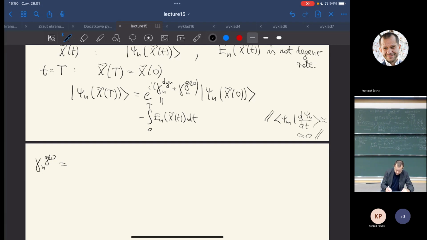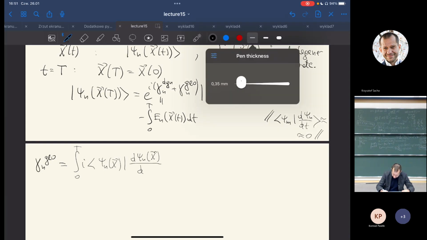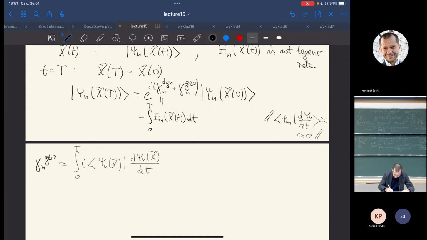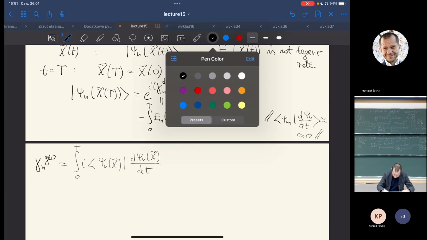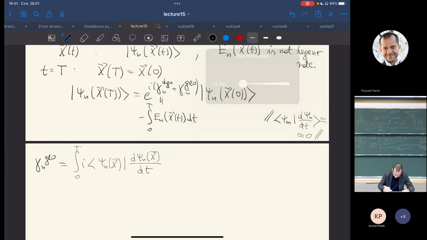Okay, so the geometrical phase corresponds to the following quantity. And this is that one.